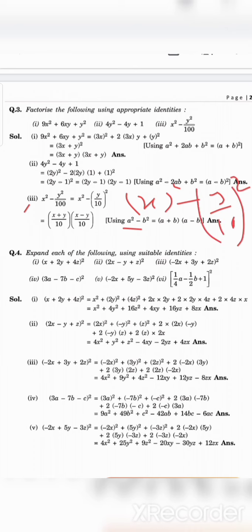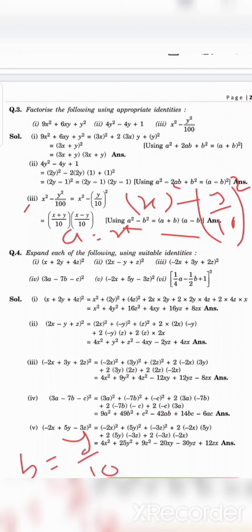It will look like x square minus y square, that is a square minus b square. So by factorization of our identity, we write the factor of a square minus b square as a plus b into another bracket a minus b. Comparing the terms, we get a is equal to x and b is equal to y upon 10.